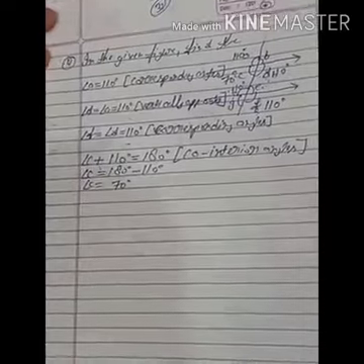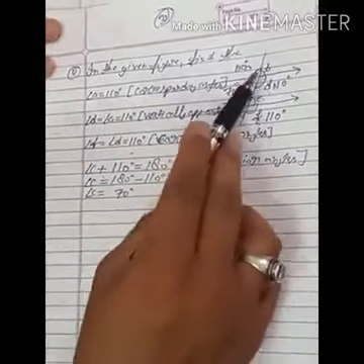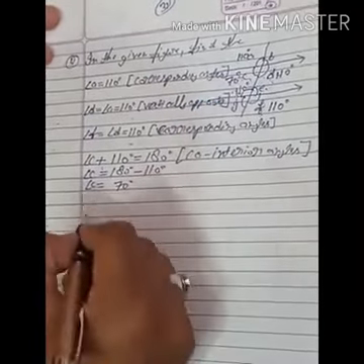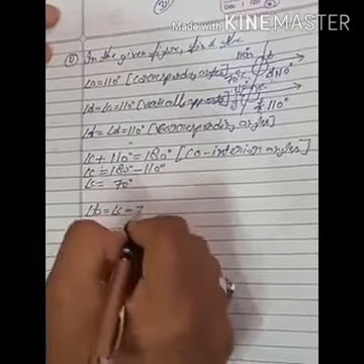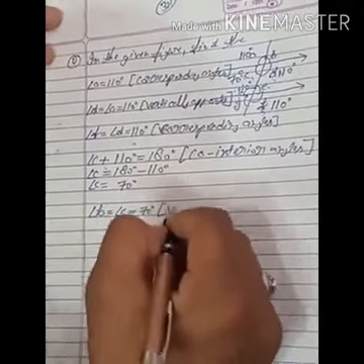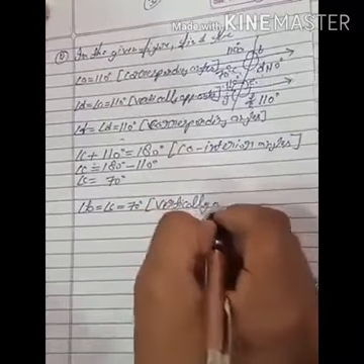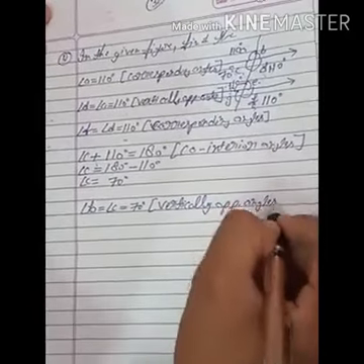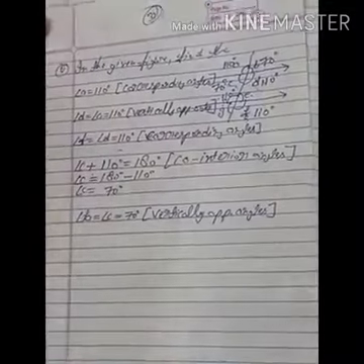Then after C, see the relation between angle C and B. Vertically opposite angles. So angle B is equal to angle C is equal to 70 degree. Reason is vertically opposite angles. So angle B is coming 70 degree.